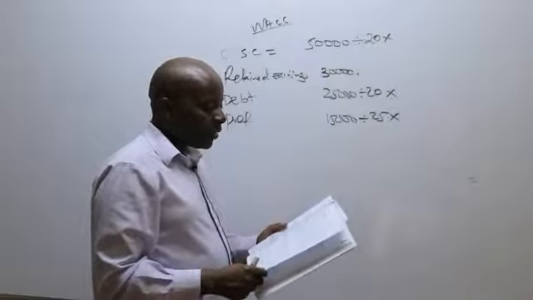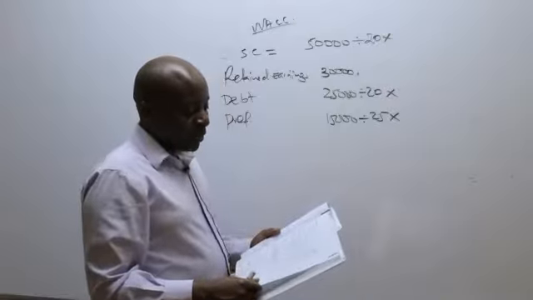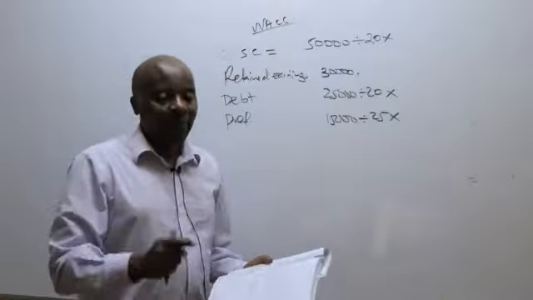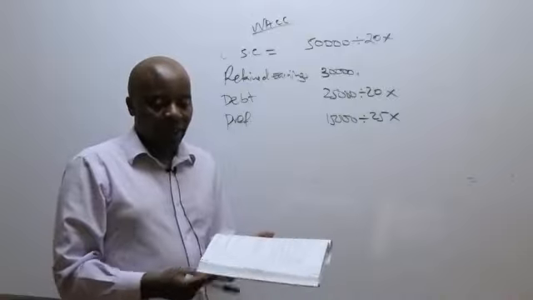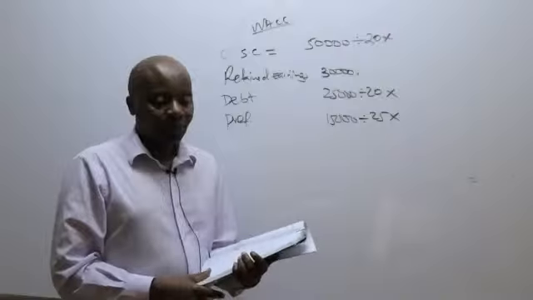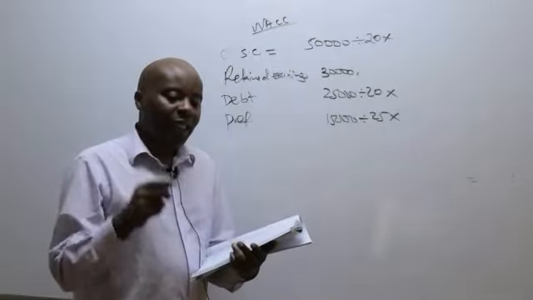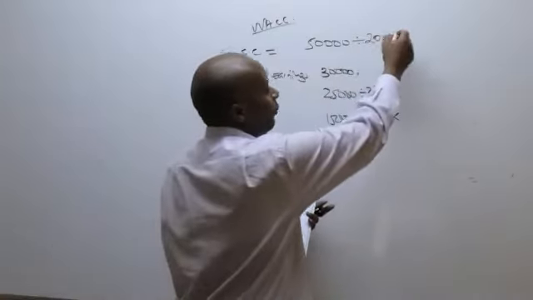For the ordinary shares, what is the market price per share, somebody? From note number one. Yes, it has to be ex-dividend. So it has to be 40 here.